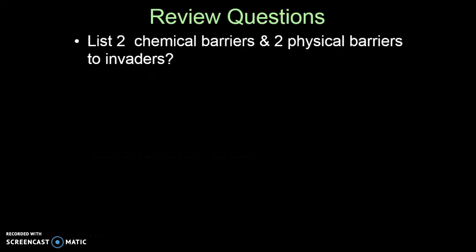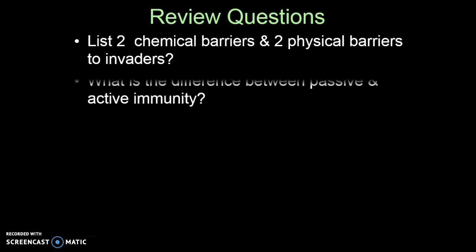So just some review. List 2 chemical and 2 physical barriers, 2 invaders. I'll let you do this on your own, but can you think back to the first part of the lecture notes about what chemical barriers there might be, what physical barriers? What's the difference between passive and active?